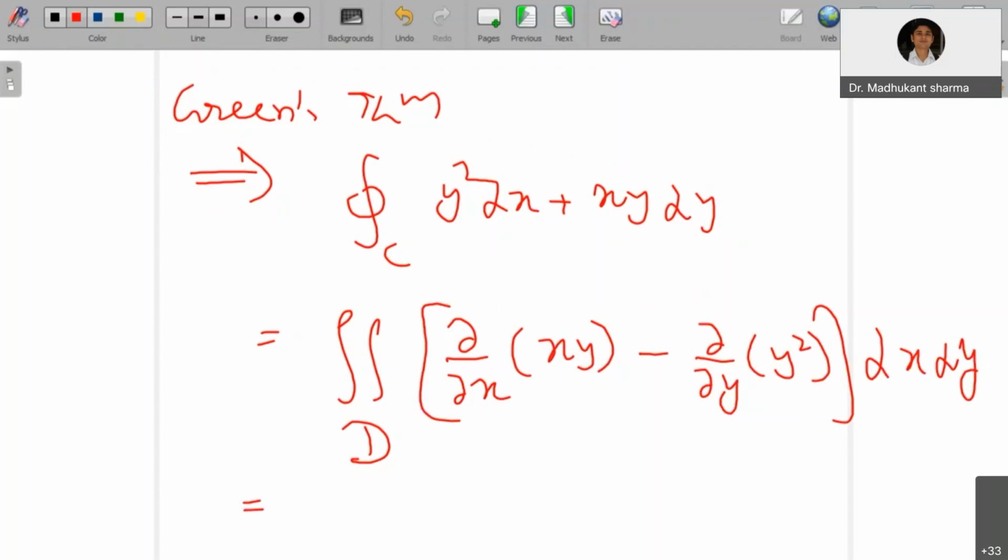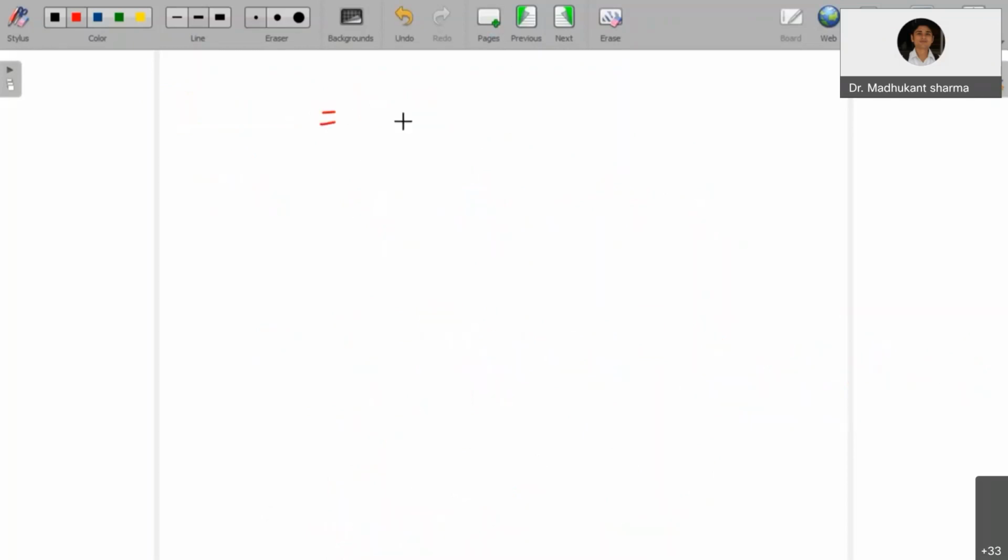Now this is equals to the double integral over D of y minus 2y dx dy. So that's equals to minus the double integral over D of y dx dy.